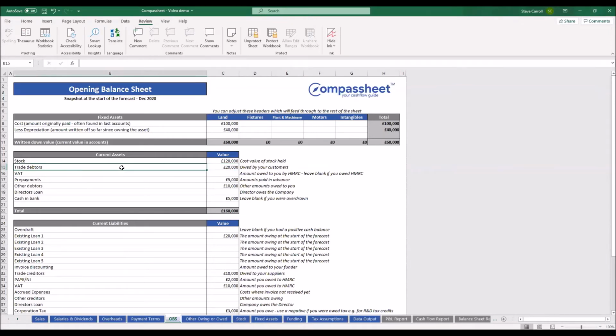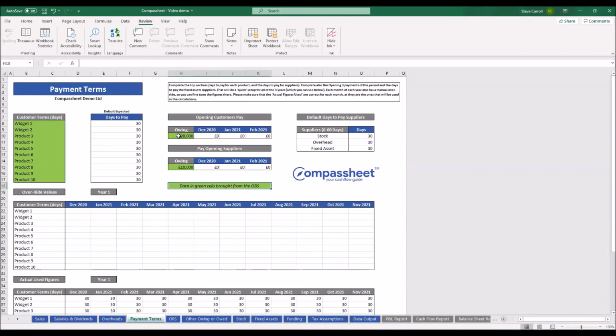So trade debtors is if you're running off your balance sheet. On the right hand side is the explanation that's what's owed to you by your customers. So in here is £20,000, what we estimate the customers will owe us at the start of the forecast, and that then feeds through into the payment terms. When we looked at that, saying that there's £20,000 owing at the beginning of the forecast, and when do we estimate that that will be paid to us.